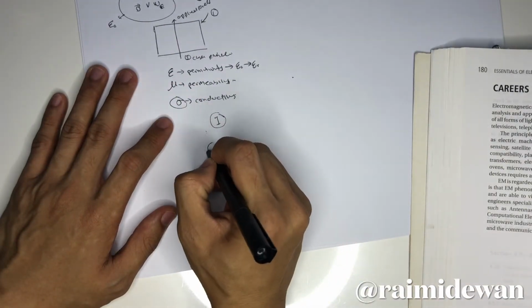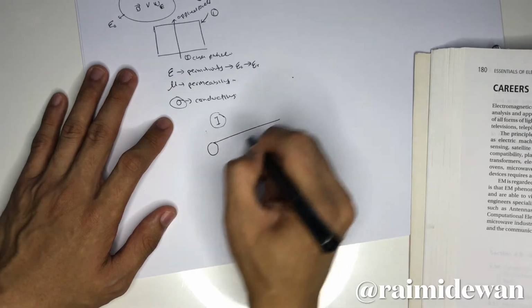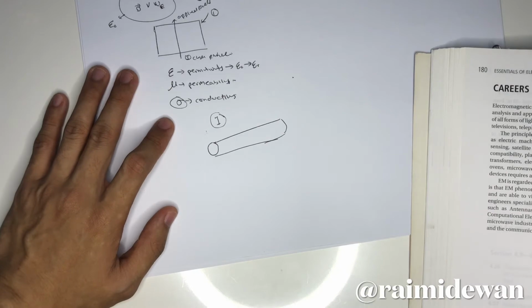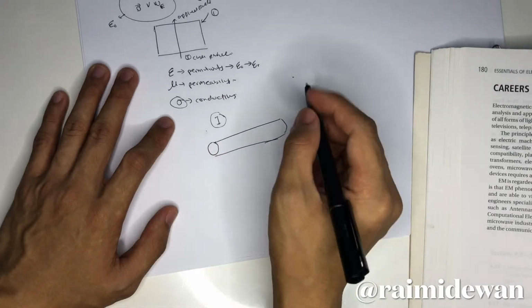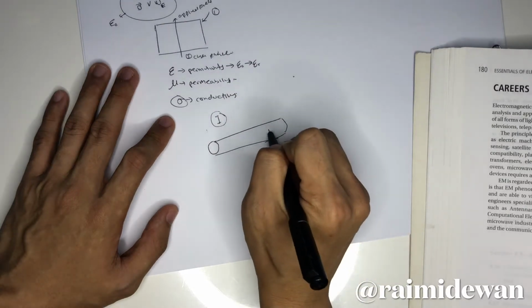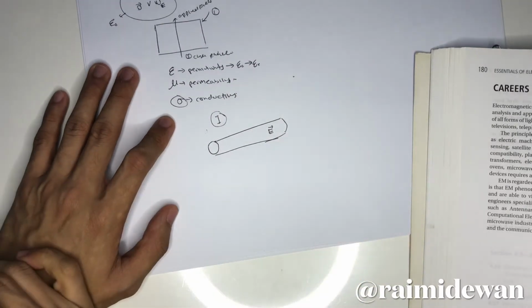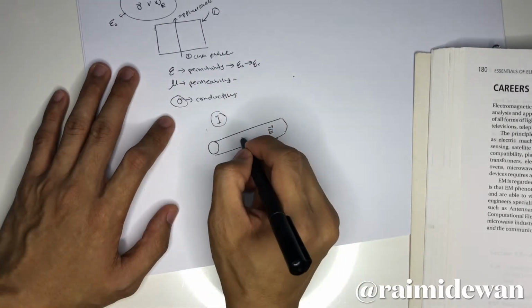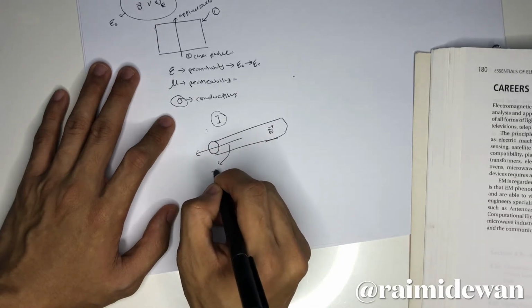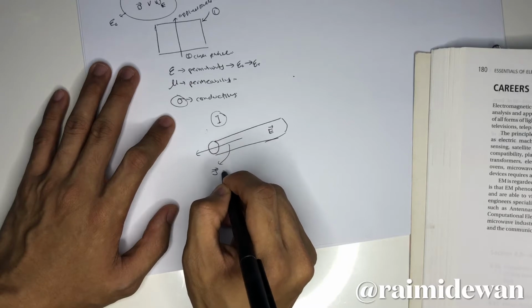let's say you have a section of a wire under an electric field. Then we will have here the current density.